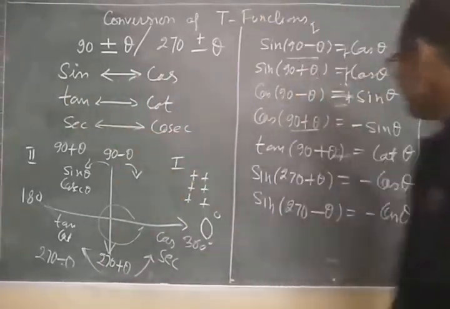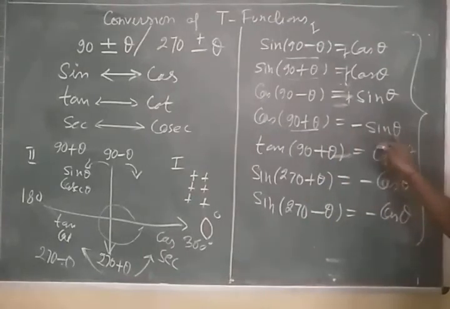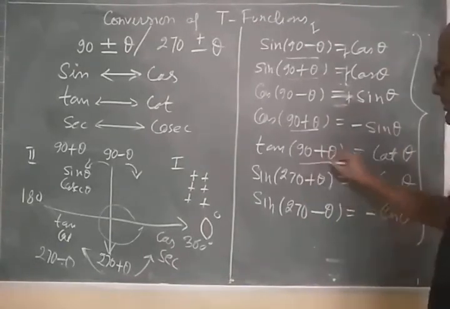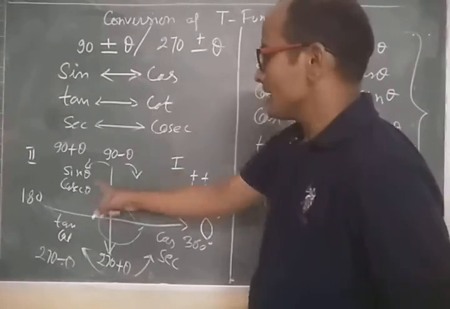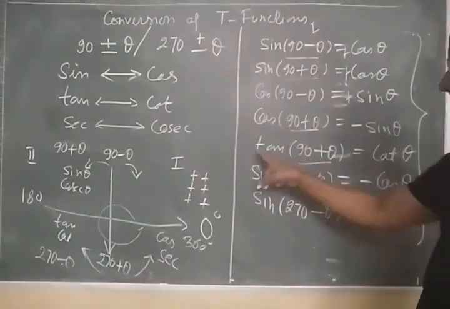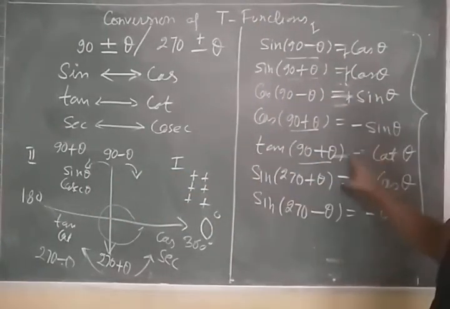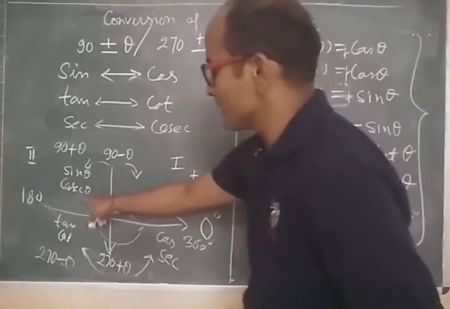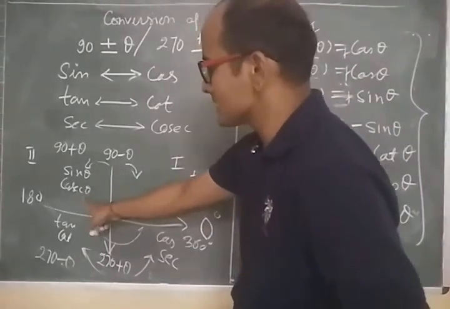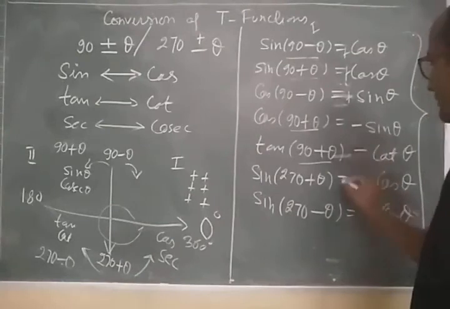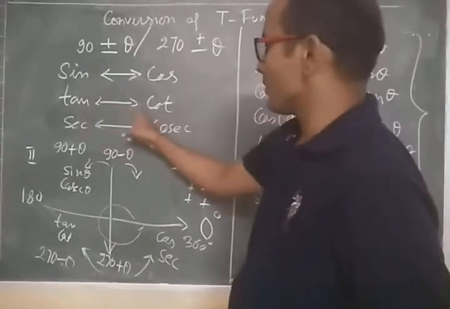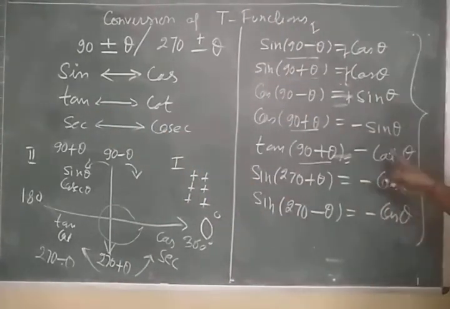So the answer will be minus sin theta. Again check this: 90 plus means the second quadrant. In the second quadrant, the sign of tan is negative, and tan will convert into cot. So this is minus cot theta.